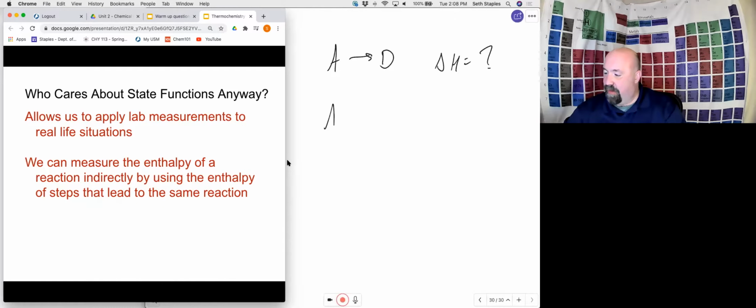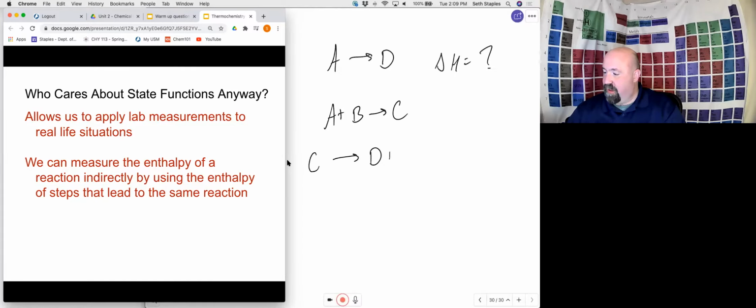What I can do in the lab, however, is measure A plus B makes C, and then C breaks down into D plus B. This isn't real clear.